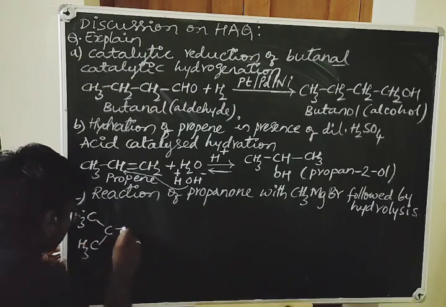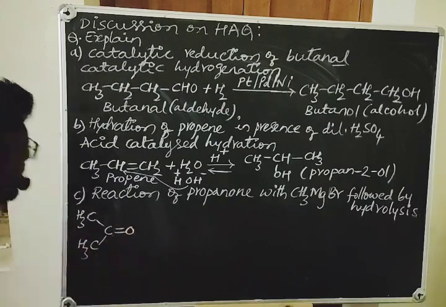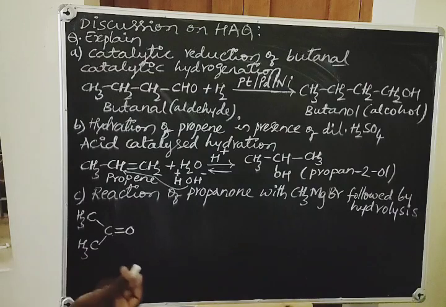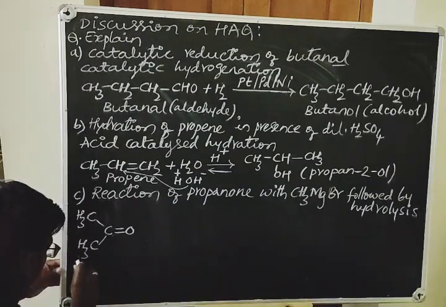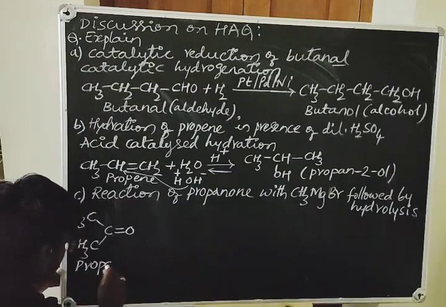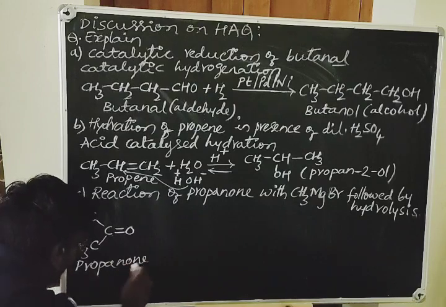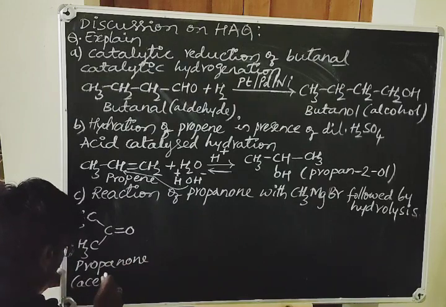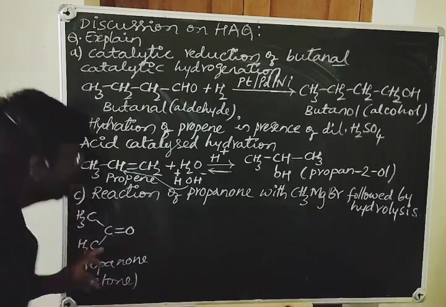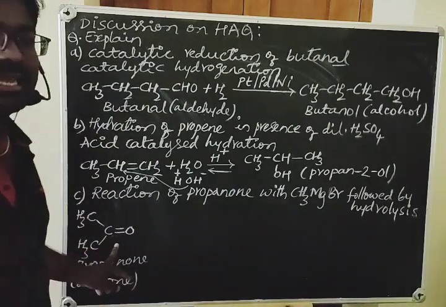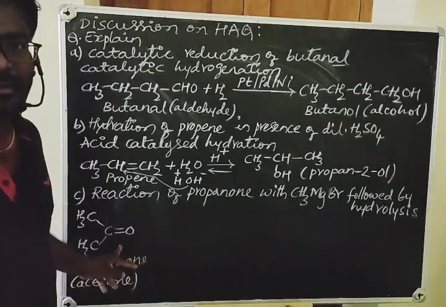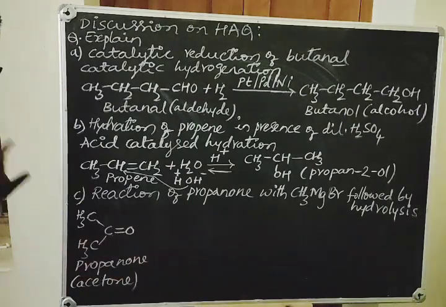CH3, this carbon carrying the C=O, CH3. So we can call this propanone or acetone. This acetone is used as a nail polish remover. It is also an important solvent in the industry.